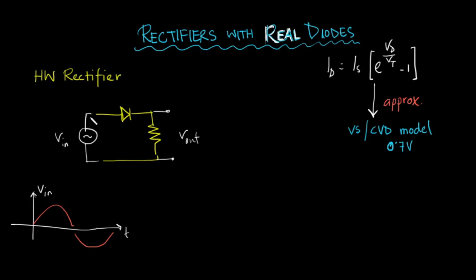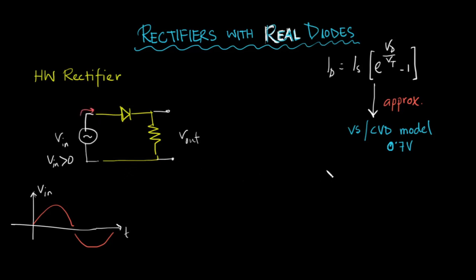Okay, so if this is a real diode and we are using the constant voltage drop model of 0.7 volt: when it was an ideal diode, whenever V in turned positive, even a little positive, for even the smallest positive voltage, V in greater than 0, we had some current in our circuit. Whenever the voltage turned positive, current started to flow.